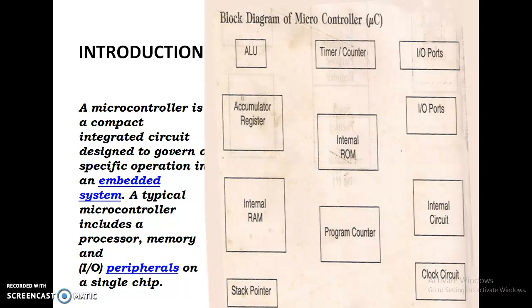As you can see in the block diagram, this is the major difference, and also in the operation. A microprocessor is the one which acts as a complete CPU of a computer, but a microcontroller is designed for a specific operation or for a specific embedded system.